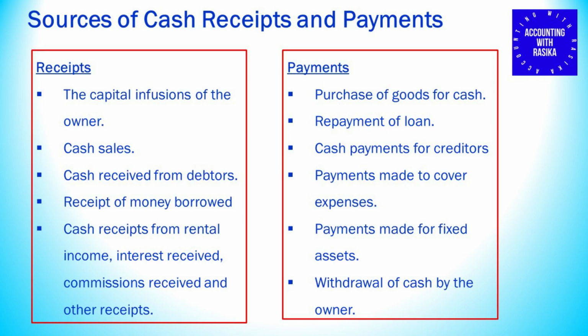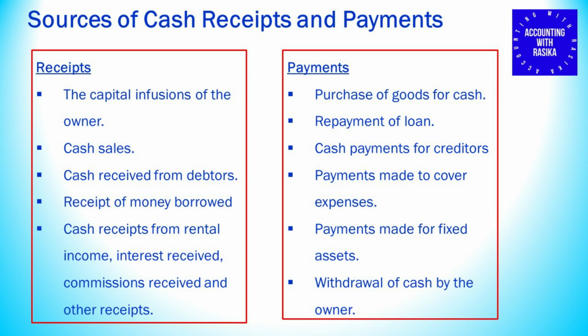So now we will look at the sources of cash receipts and cash payments. First we look at the cash receipts. Cash receipts come into the business as capital infusion of the owners. Owners are giving capital or investing in capital. There's a cash receipt which comes in. And then cash sales. When you sell for cash, there will be cash coming into the business.